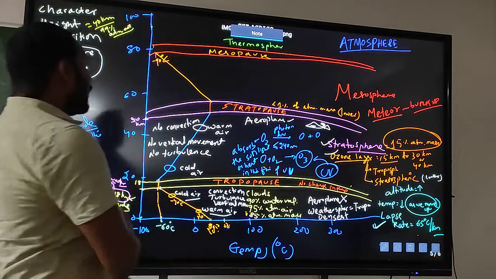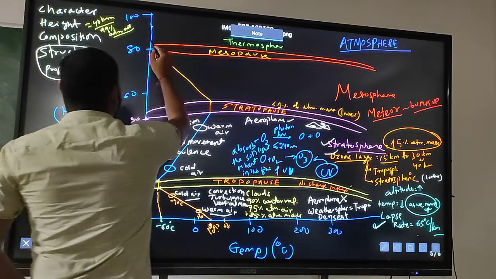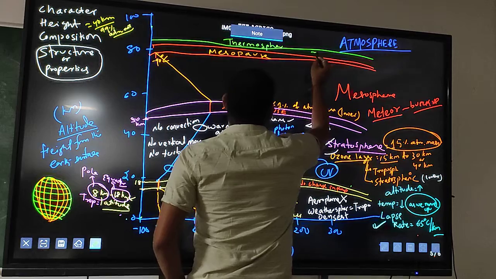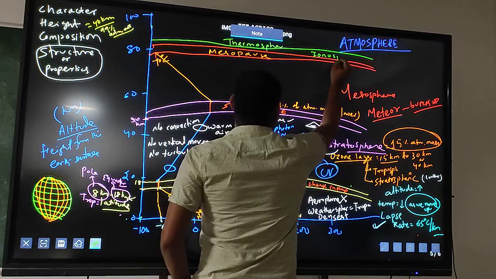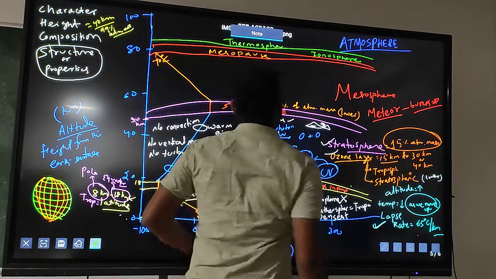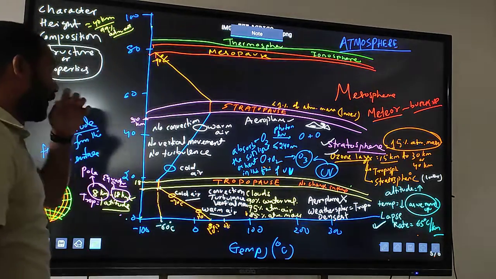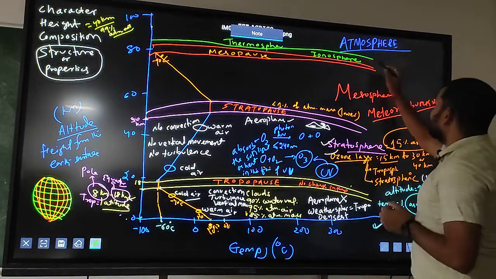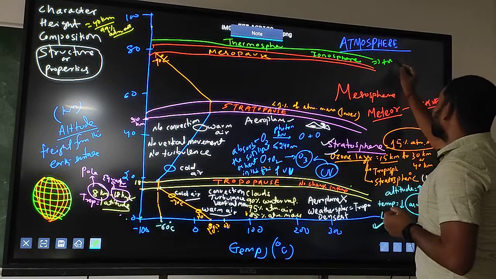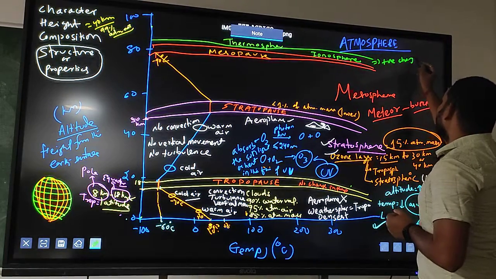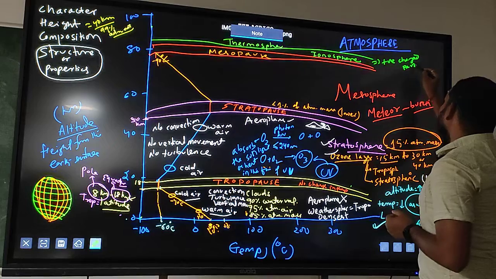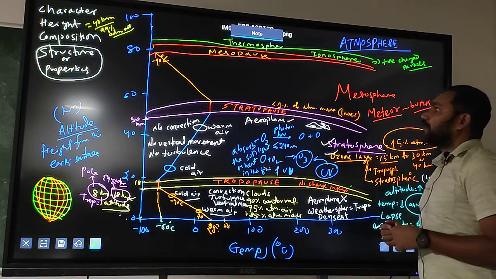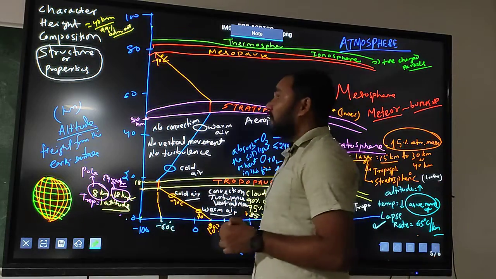And remember one thing: the lower layer of the thermosphere is known as the ionosphere. Why is it the ionosphere? Because in this ionosphere, most of the positively charged particles are there. Okay, so this is known as the ionosphere.